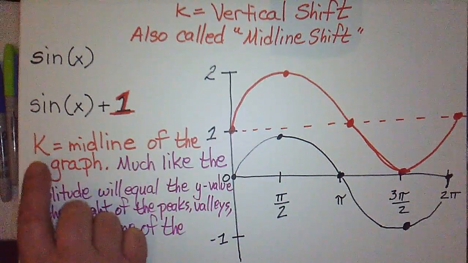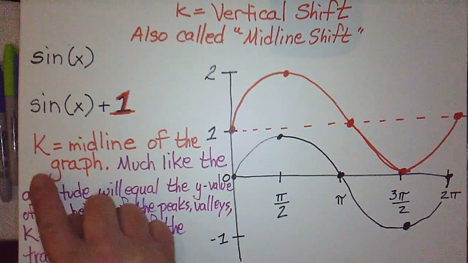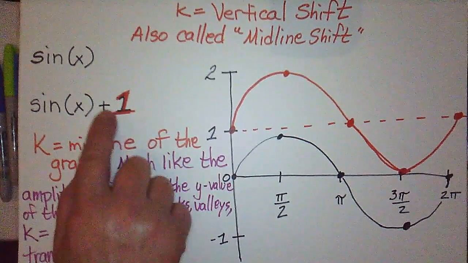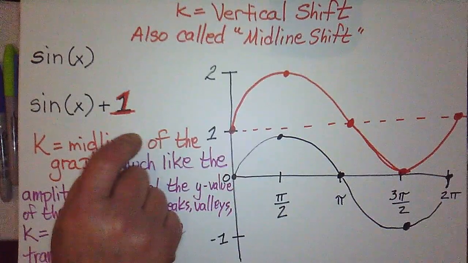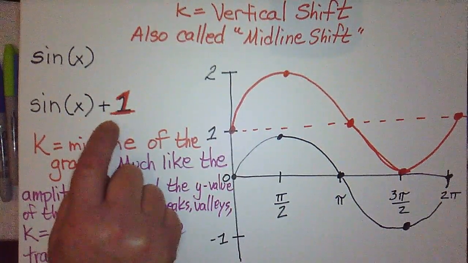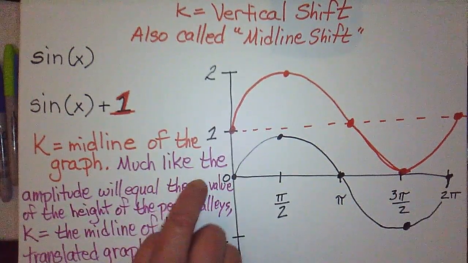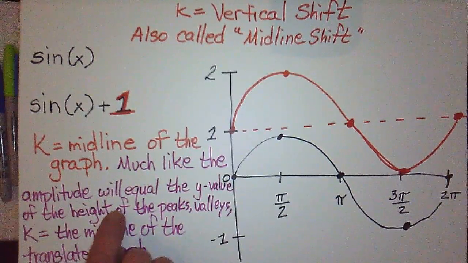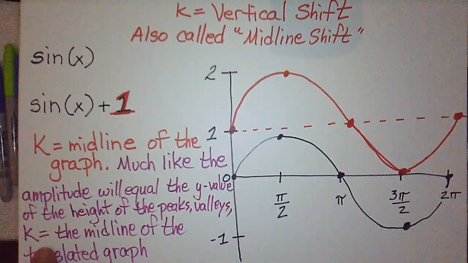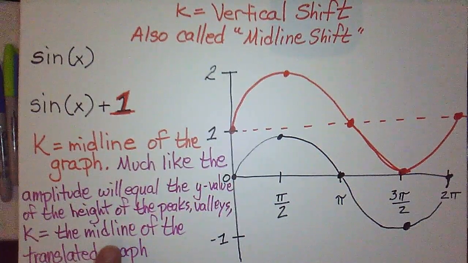So K, the number 1, actually equals the midline of the graph. No matter what K is, that number is the midline of your graph. So much like the amplitude equals the y value of the height of the peaks and valleys, K equals the midline of the translated graph.